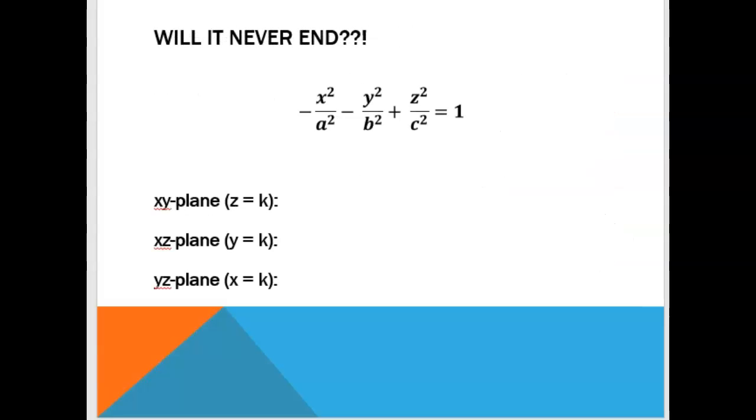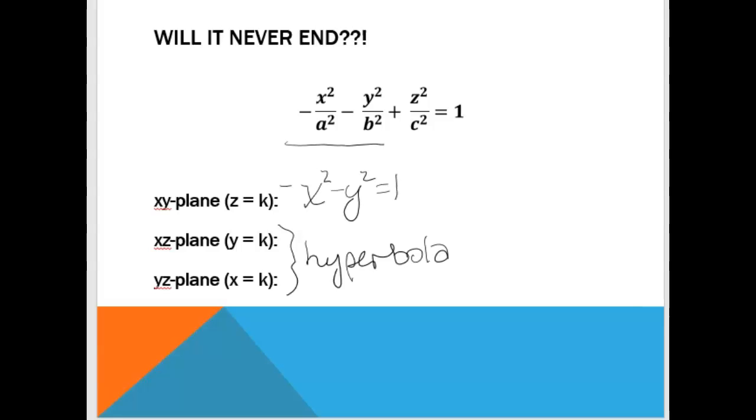What if I have 2 negative terms? Well, if I have 2 negative terms, now I'm going to get hyperbolas in 2 directions. If I keep the z term in either of the other 2, that's going to give me hyperbolas. If I keep z constant, I have negative x squared minus y squared equals 1. Well, what if I multiply through?